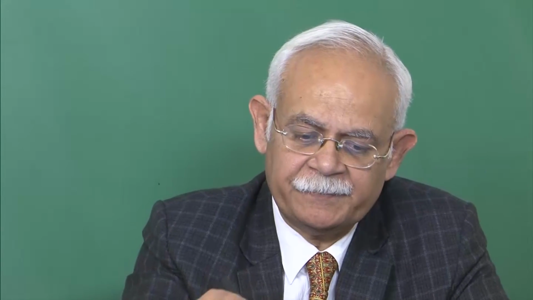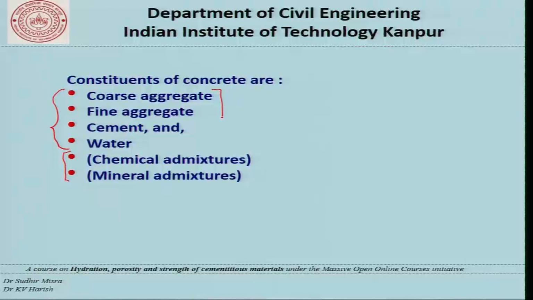We must remember that the coarse aggregate and the fine aggregate, they essentially work as inert materials in the concrete, and it is only the cement and water that actually hydrates and gives hydration products, and these hydration products act as binders.